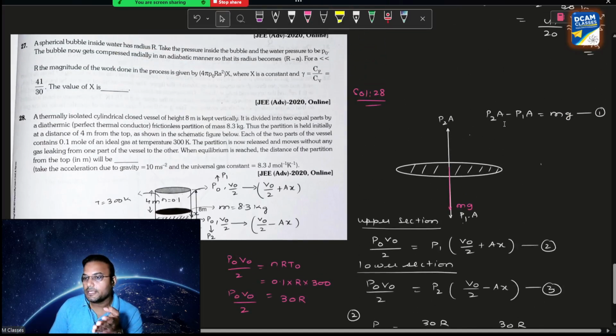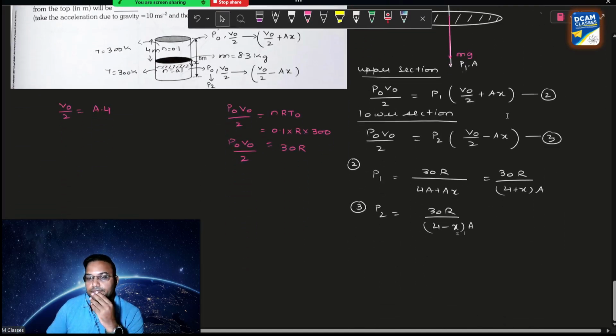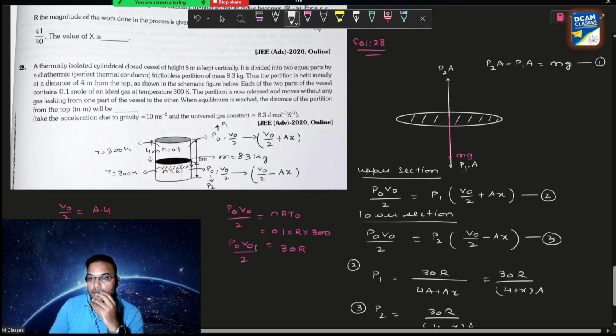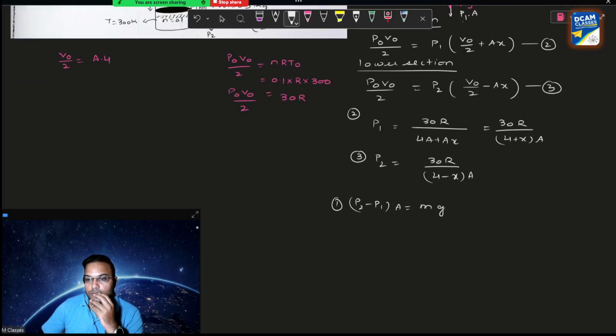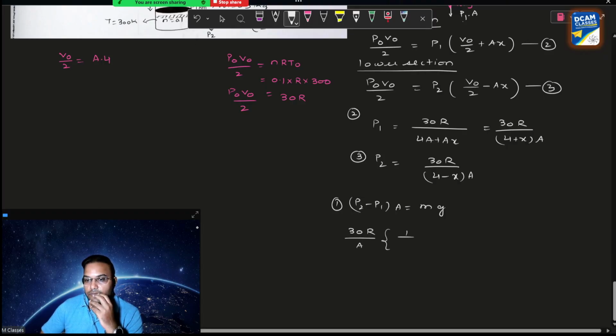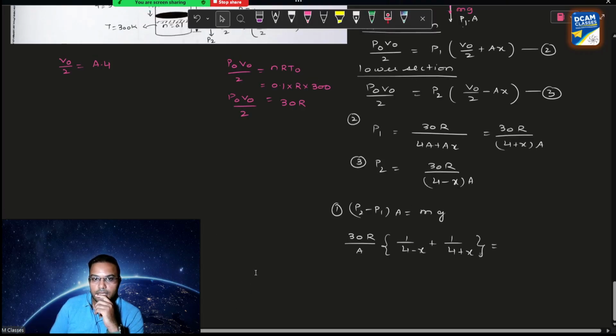Now you have to put it in equation number 1, (P2 minus P1) into A. So 30R by A, I will take common, 1 by (4 minus x) minus 1 by (4 plus x) is equal to what? 8.3, mass was given.